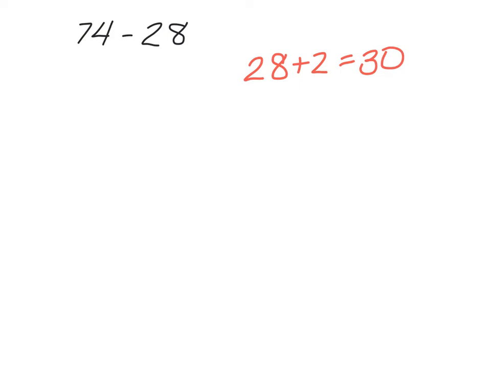So going back, I added 2 to 28 in order to make it a friendly number of 30. Well, since I added 2 to 28, I'm going to have to do the same thing to 74. I'm going to have to add 2 to 74.